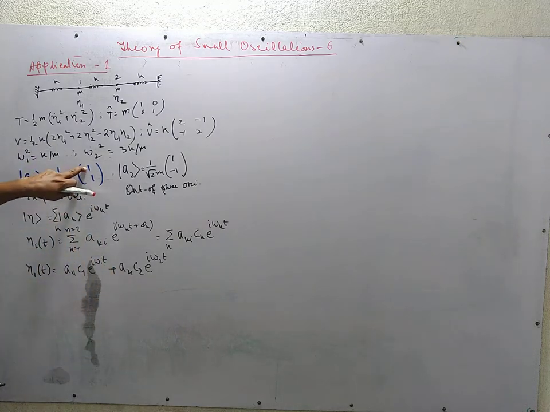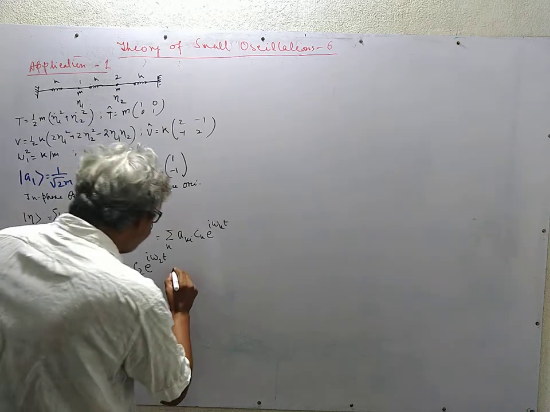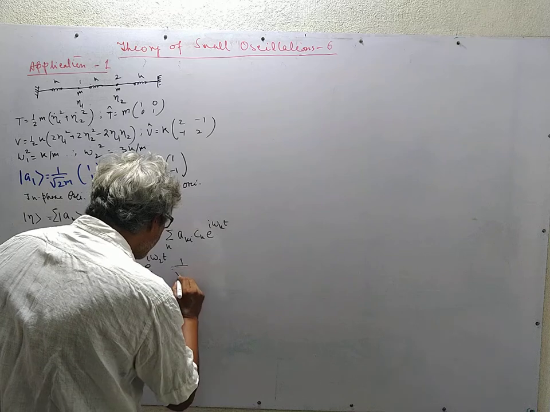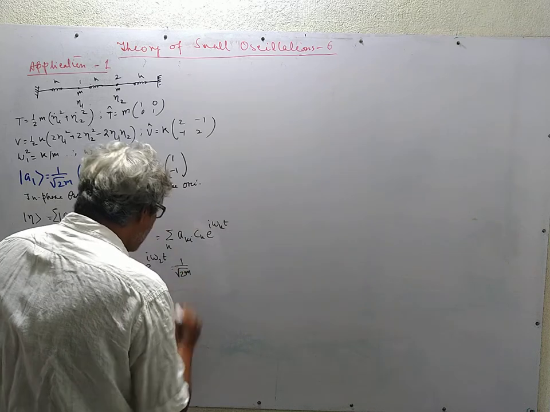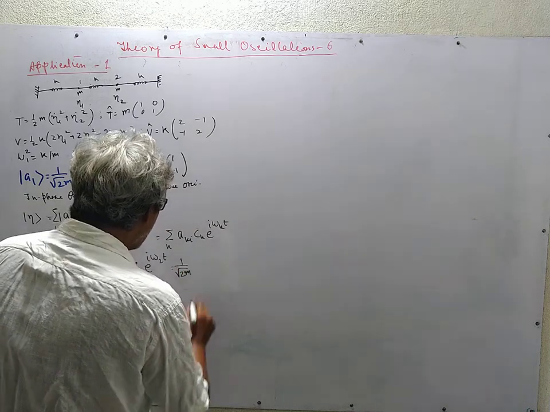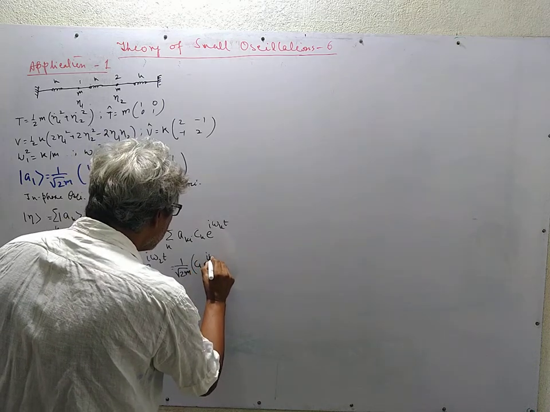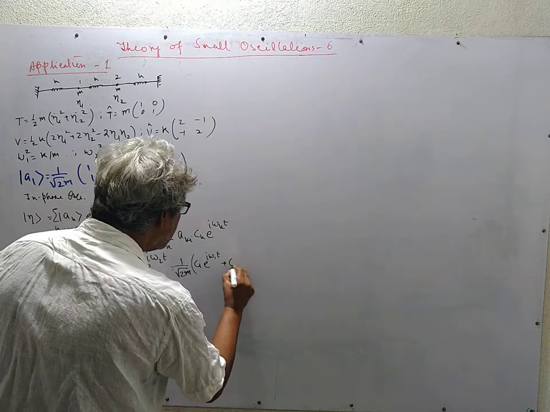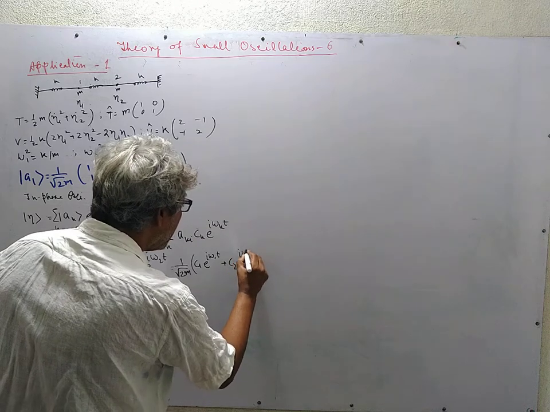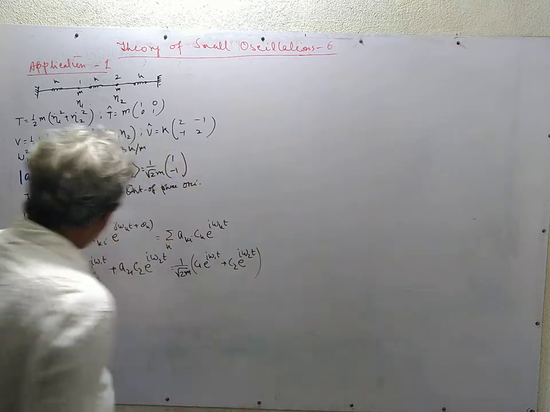This is the a11, this is a21, sorry, a21. So this is 1 upon square root of 2m, c1 e to the power i omega_1 t plus c2 e to the power i omega_2 t.